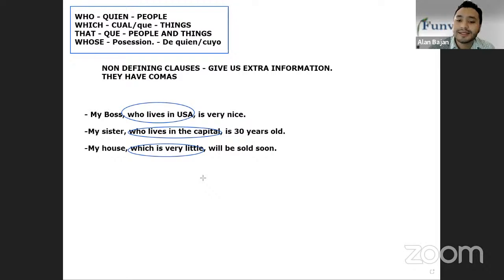My sister is 30 years old. Makes sense. My house will be sold soon. Makes sense. Mi casa será vendida pronto. Mi hermana tiene 30 años. Mi jefe es muy amable, muy genial.